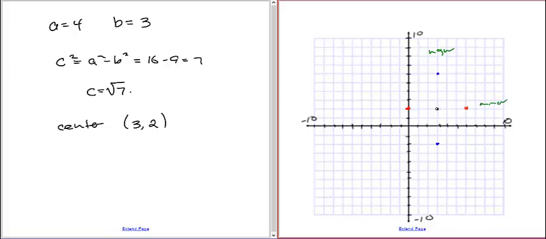So we go square root of 7, which is 2.65. So we go 1, 2, 2.65, down 1, 2, 2.65. Now again, we don't need those to do this ellipse. So we do a horizontal line here, horizontal line there. We're trying to make a rectangle.